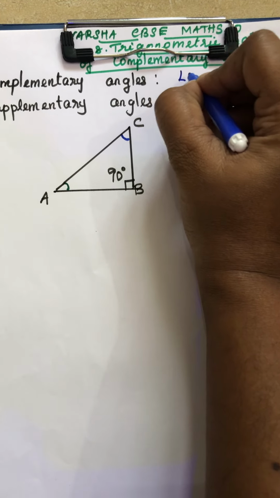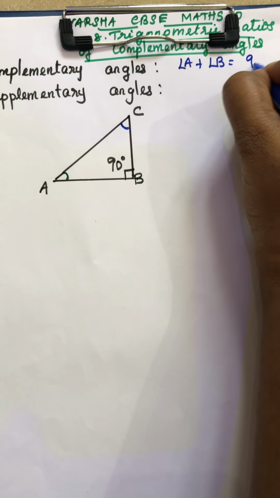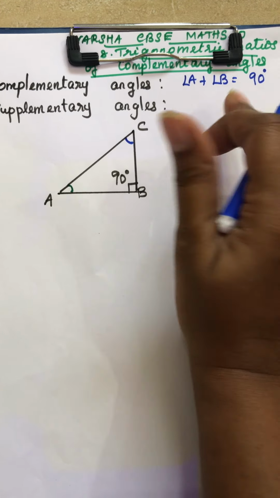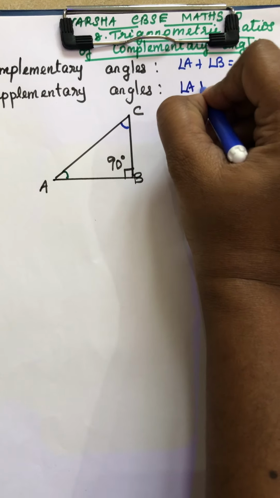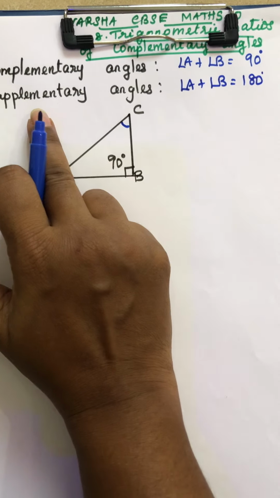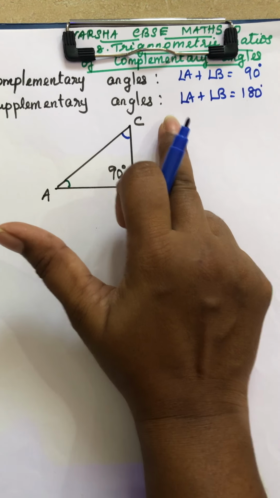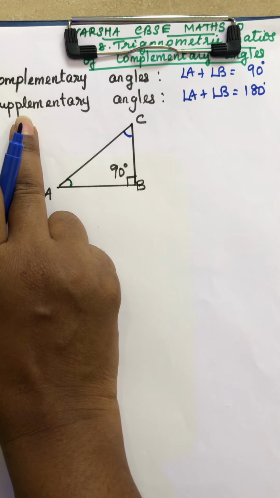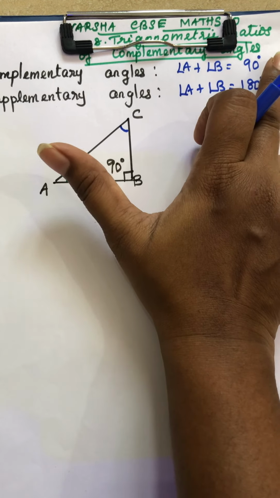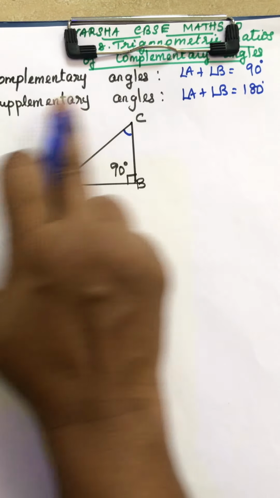I take A and B. If when you add you get 90 degrees, it is known as complementary angles. If A plus B adds up to 180 degrees, it is known as supplementary angles. So if you add and get 90, it is complementary. If you get 180, it is supplementary.